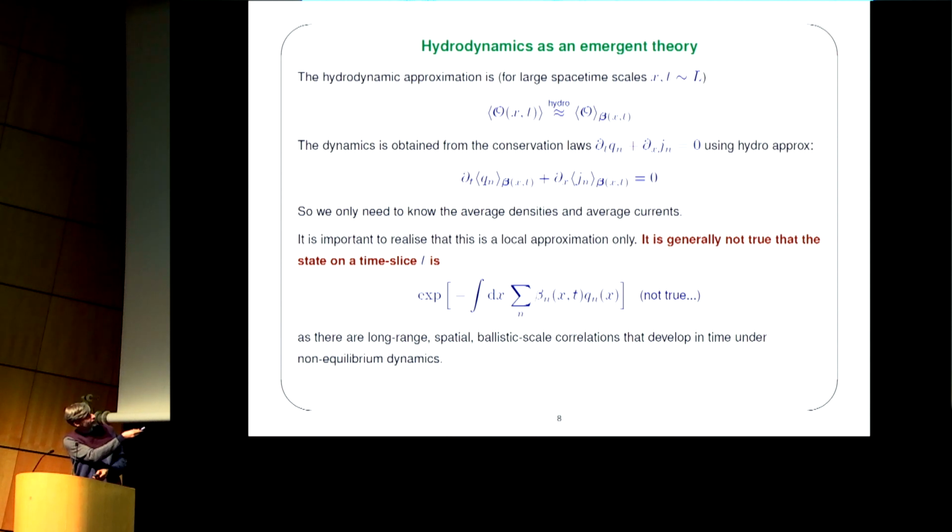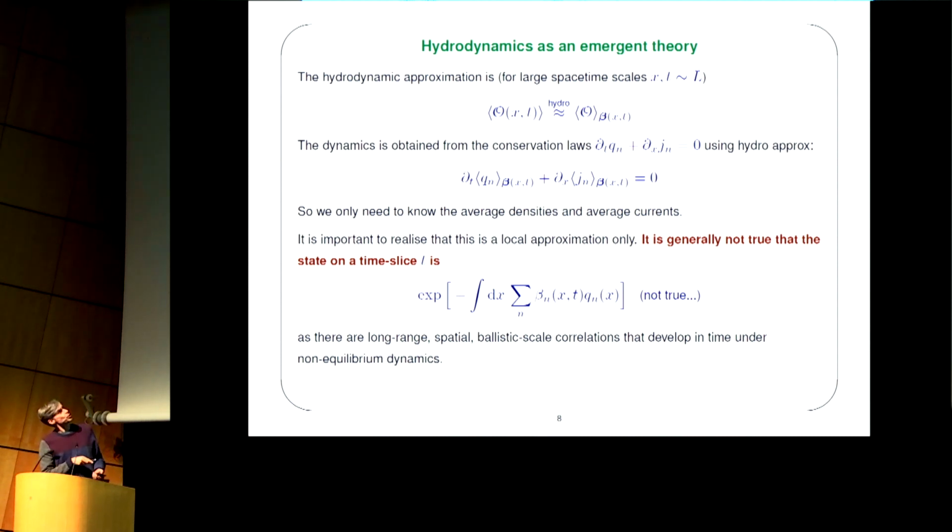This is not the correct description of the state on a time slice t. It is correct for local observables. It's not correct for correlations. Correlations develop, and these can be described by another theory beyond this simple approximation. Well, in fact, it can be based on that. But for local observables, this is sufficient. It's important to realize that this is just for local observables.